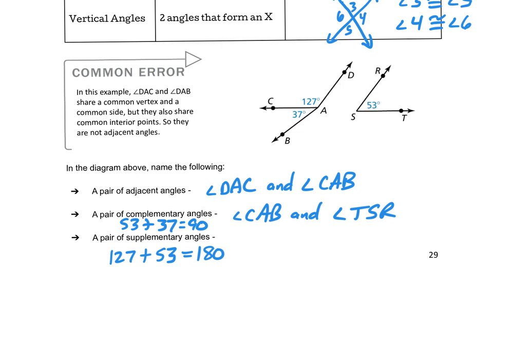So we need the 127 angle, which is angle CAD, and the 53 degree angle, which we could just call angle S if we want, or RST or TSR. Lots of possibilities there. Oh, CAD, yes, sorry. CAD, thank you.